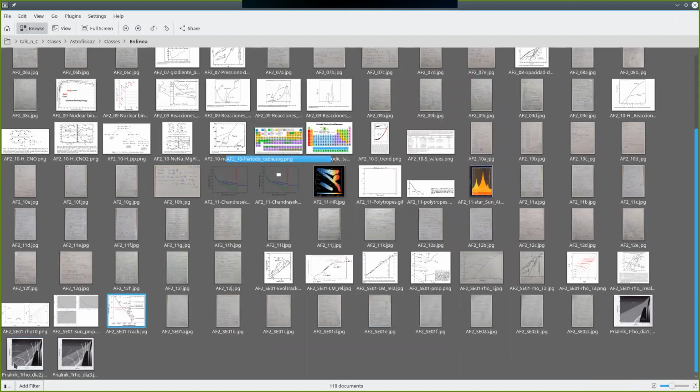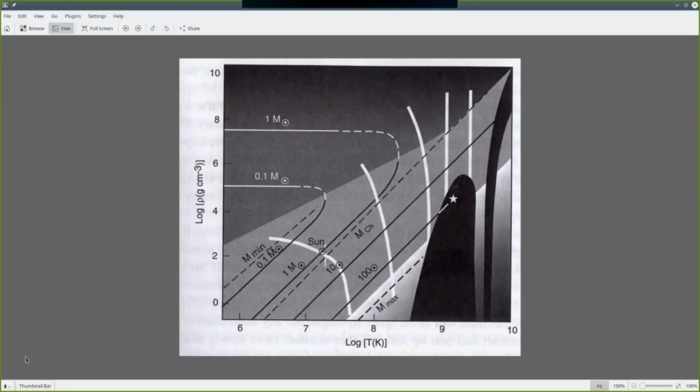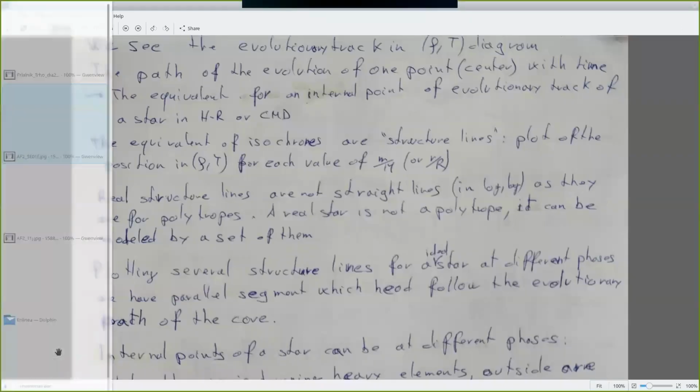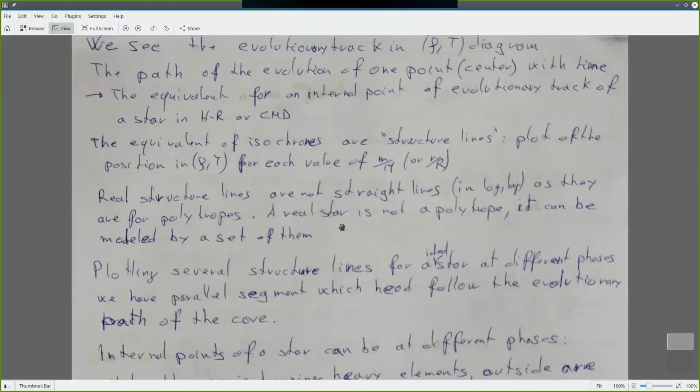In the same way, we can see another situation: how the whole star moves in the plane. So what is the isochrone for stars? See how the evolution is maintained at the same age for everyone, just changing the mass.